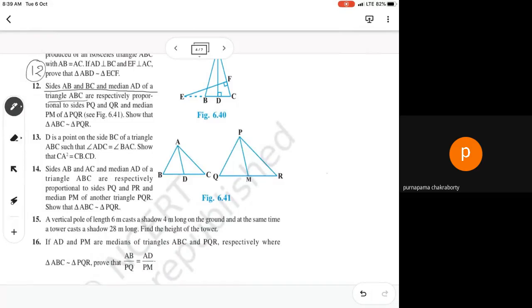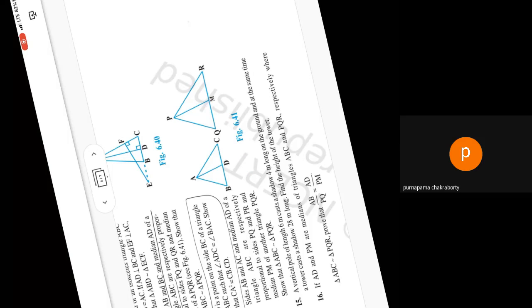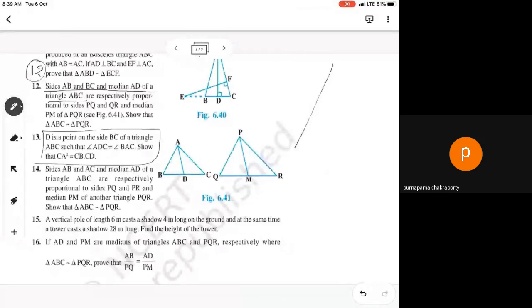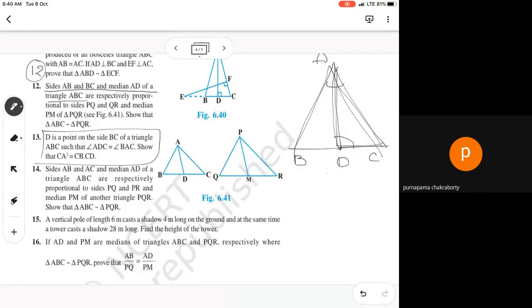What is given here? D is a point on BC of triangle ABC, such that in this triangle, angle ADC and angle BAC are equal. It is given. Now take triangles ADC and BAC; angle C is common.